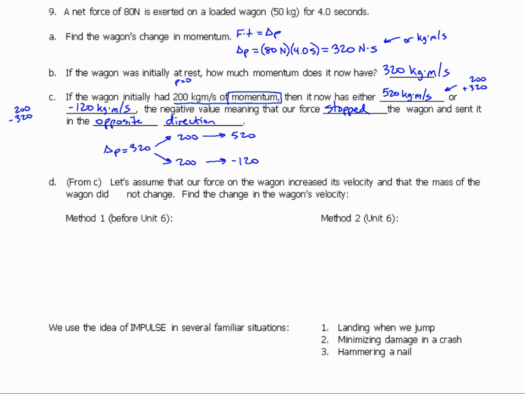Let's rewrite some of the terms from the top. We had a net force of 80 newtons, a mass of 50 kilograms, and a time of 4.0 seconds. Two methods. Method one, this was before we did Unit 6.